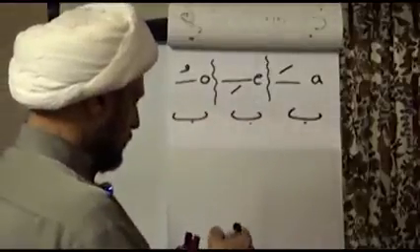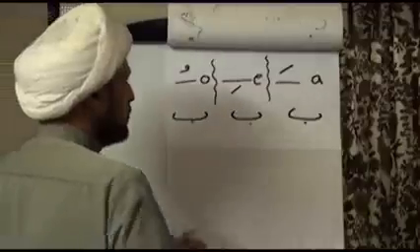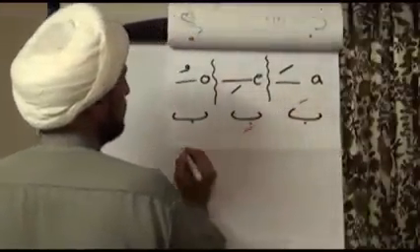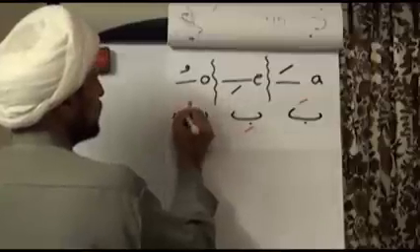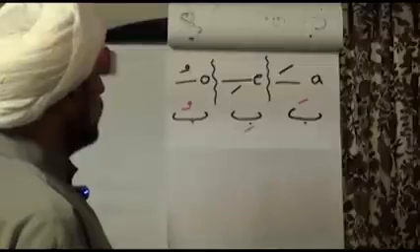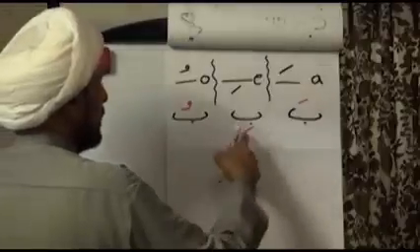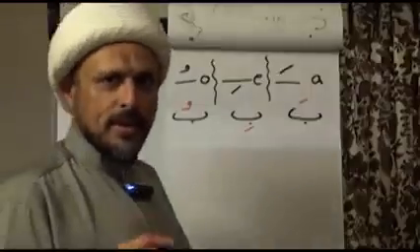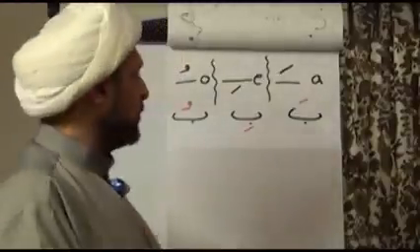Now if we put this sign above the letter ba, below the letter ba, and then this small circle like a small waw, u. So ba, bi, bu. Ba, bi, bu. A, e, o.